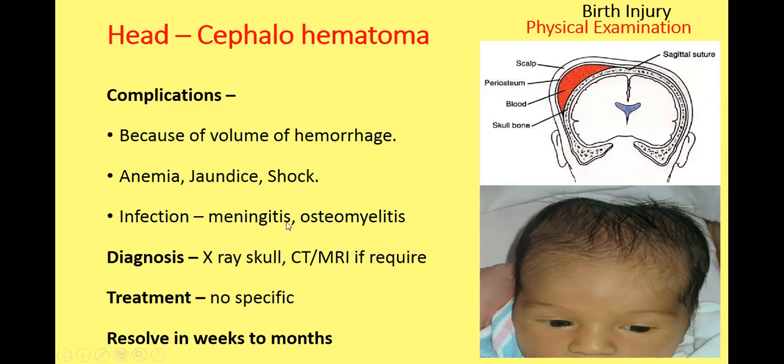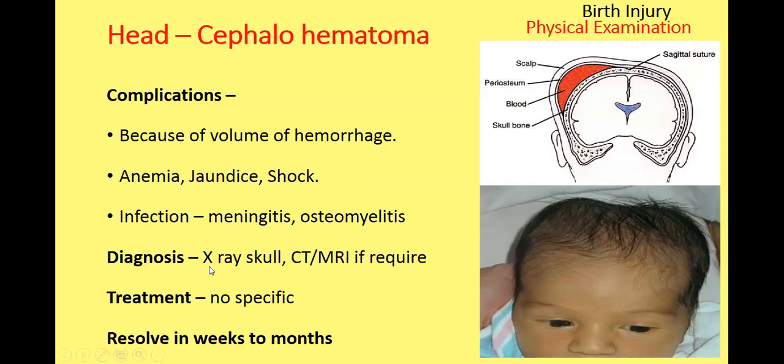Infection: if we aspirate the blood from the hematoma, it may create a route for infection, and further meningitis and osteomyelitis may appear. So we don't require aspiration of the hematoma.